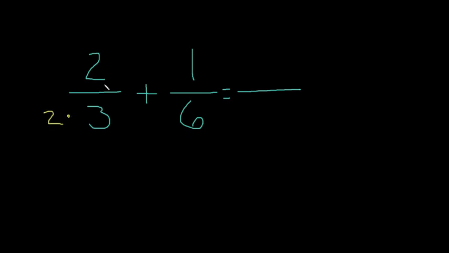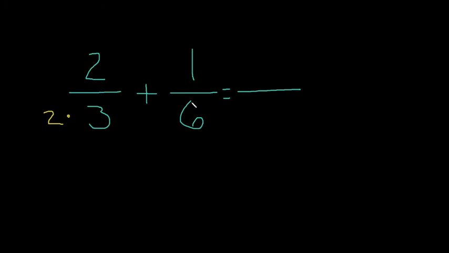Now, if we multiplied this fraction by 2, we would be changing its value. We don't want to do that, because the question is, what is 2/3 plus 1/6, not a different number plus 1/6. So in order to keep the fraction value the same, we're going to multiply this fraction by the value of 1.